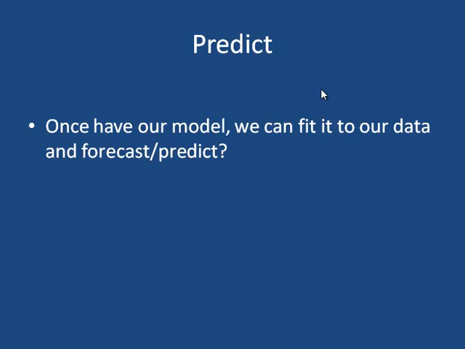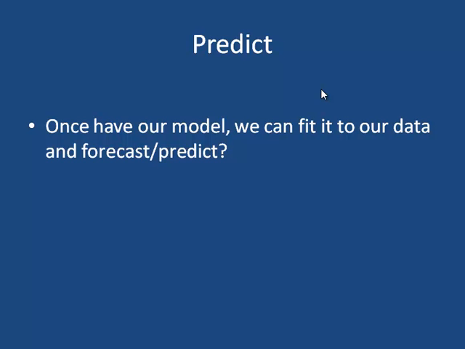Next, we want to predict. So once we have our model, we can fit it to our data and forecast. If you imagine a best line fit and you draw a line, well then if you find the best line and then that line continues on into the future, giving us our predictions.